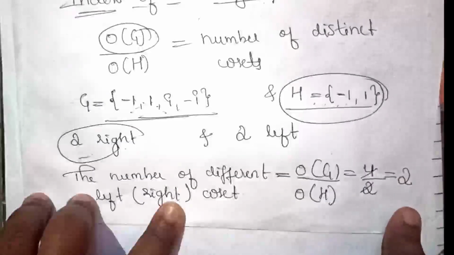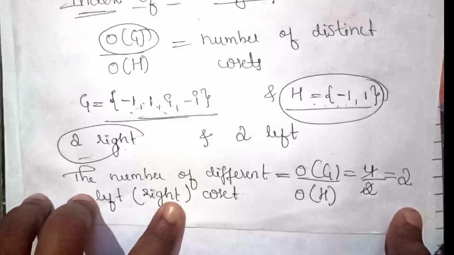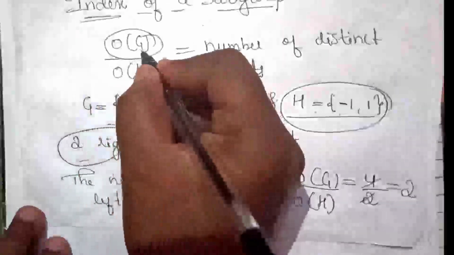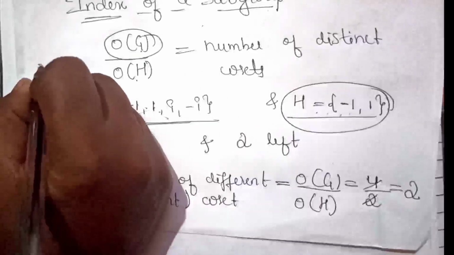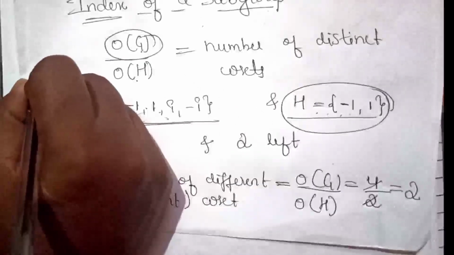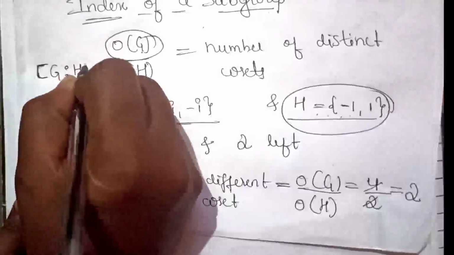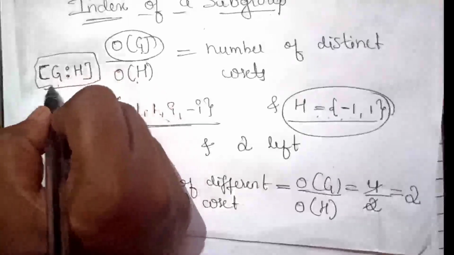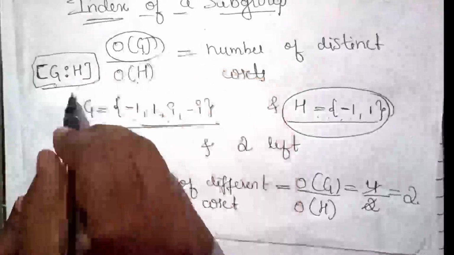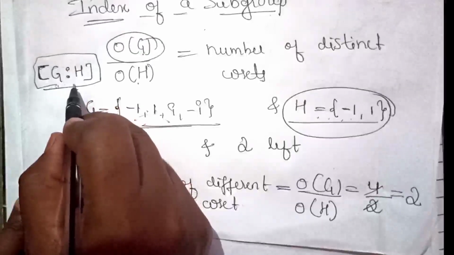Index is nothing but the number of different right cosets or left cosets, which is order of G divided by order of H. The index is denoted by the square bracket G colon H. This denotes the index of the subgroup. Index means the number of different right cosets or left cosets.